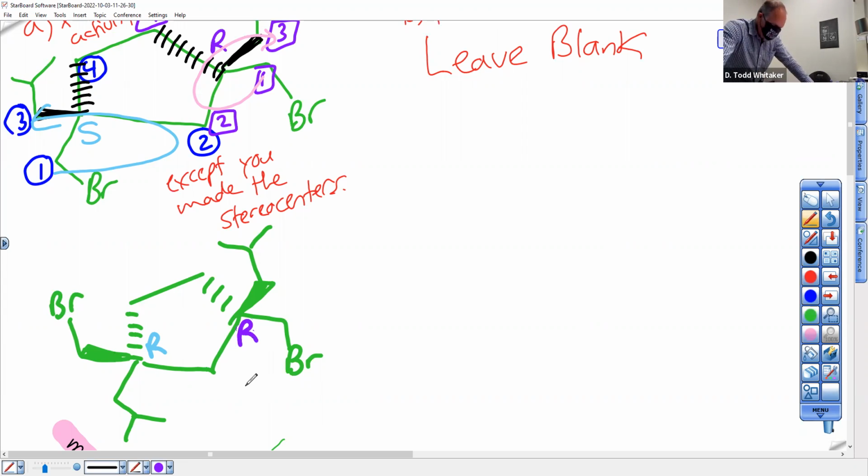Okay, and guess what the mirror image is going to be in terms of R's and S's? What's it going to be? What's the mirror image of R? S. So I'm going to have two mirror images of R's, two S's. So you put your mirror down, mirror, mirror. Same distance from the mirror.